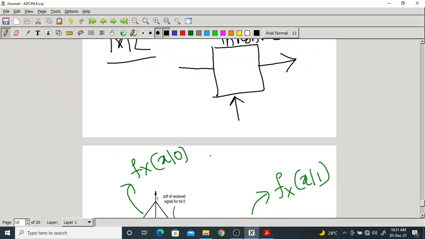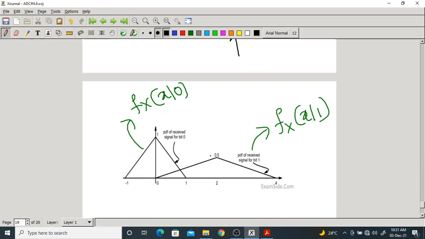Okay, so let me be clear here. Actually, for optimum error, the threshold should be the point of intersection of two PDFs. But here in the problem itself they mentioned that the threshold is 1, but it is not the point of intersection of two PDFs.